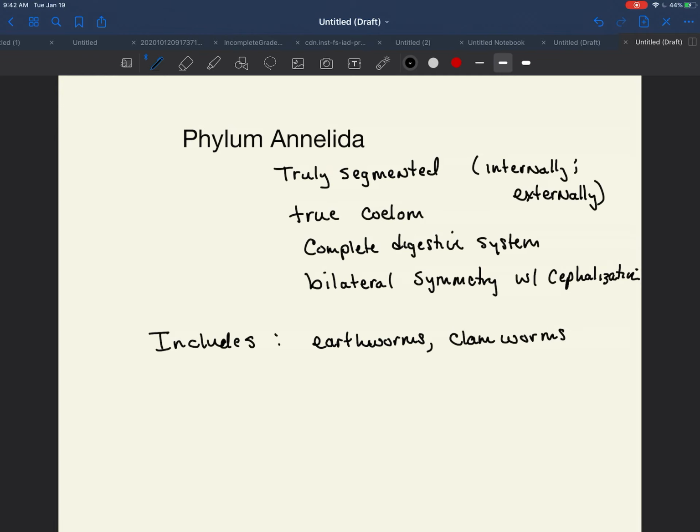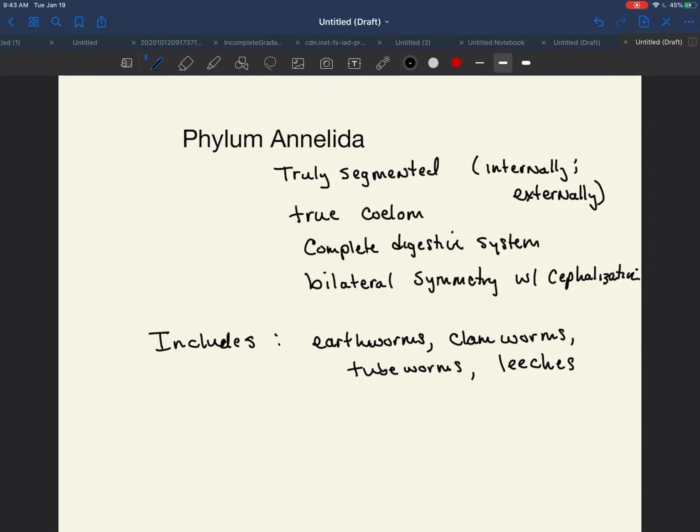So clamworms we're going to talk about, they actually have little extensions off their body called parapodia. And then we also have things like the Christmas tree worm, all kinds of really interesting marine worms that are associated with coral reefs. But then we have tube worms. These guys are super interesting.